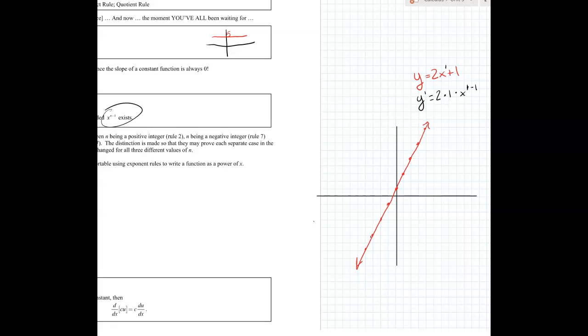All in all, I would get y prime is equal to 2 times x to the 0 power, which is just 1. So all in all, y prime is 2 times 1, which is just 2.